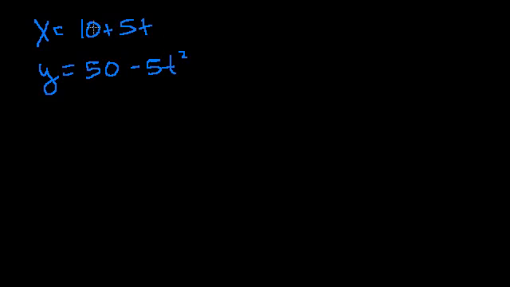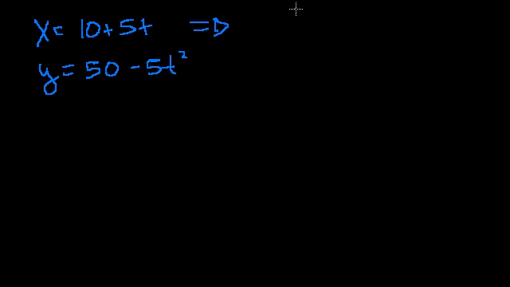If we want to write this system as just an equation with just y and x, what we can do is we can just solve for t in terms of either x or y, and then substitute back into the other equation. So the easier one to solve is this top equation, because it's a linear equation. This is a little more complicated. We'll have t is equal to a square root of y, and it becomes a lot more complicated. So let's just use this.